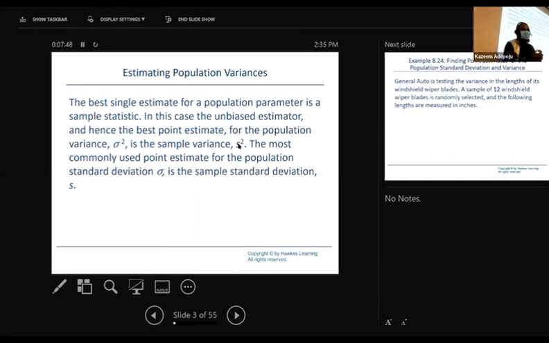So what I'm trying to say is, if we follow the procedure, provided that the sample we examine is chosen randomly from the population, then the sample variance will be good. We can use that to represent the population variance. And similarly, we can also use the sample standard deviation to represent the population standard deviation.